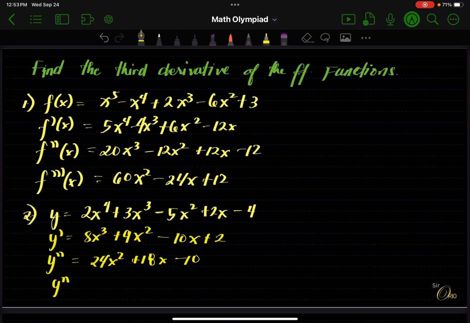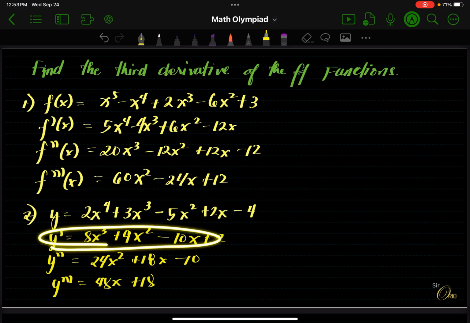And last, the third derivative, that is 48x plus 18. Again, the third derivative is the derivative of the second. The second derivative is the derivative of the first derivative. And the first derivative is the derivative of the function.